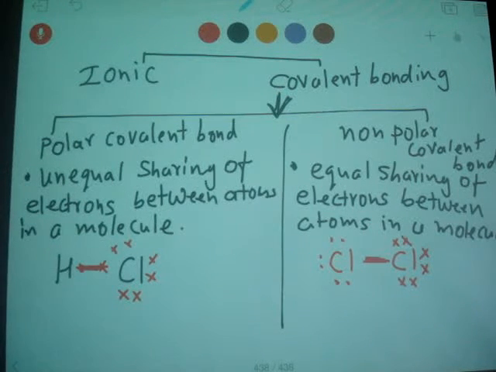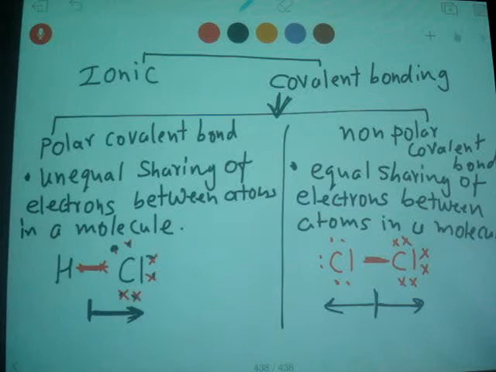Now when you look at the sharing, on this side chlorine is more electron dense, right? So it pulls this bond towards itself. It's unequal sharing of electrons. You see, this is the more electron dense side. So polarity goes from hydrogen to chlorine. Now in here, polarity goes from one chlorine to the other chlorine.